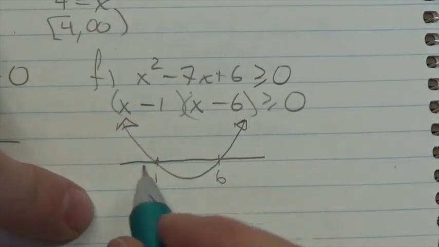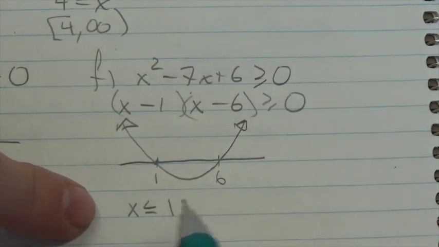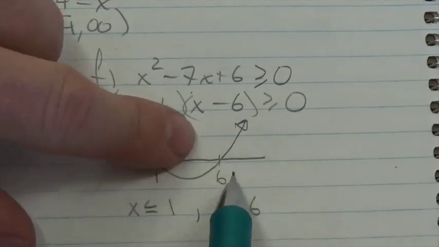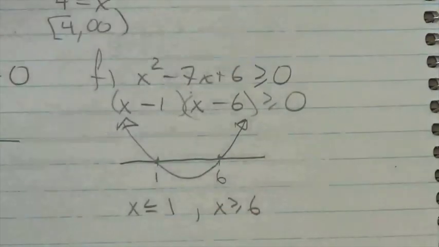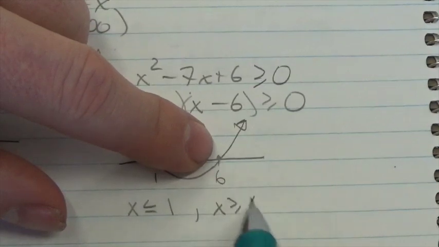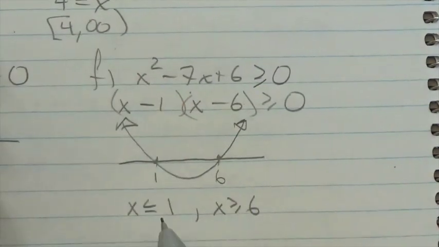The answer is to the left. So I choose x values that are less than or equal to 1, or x values that are greater than or equal to 6, because 6 produces a 0, and I want that to occur. Do I want to go to the right or to the left from 6? The answer in this case is to the right.